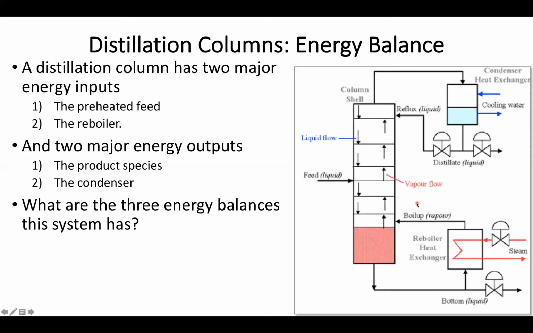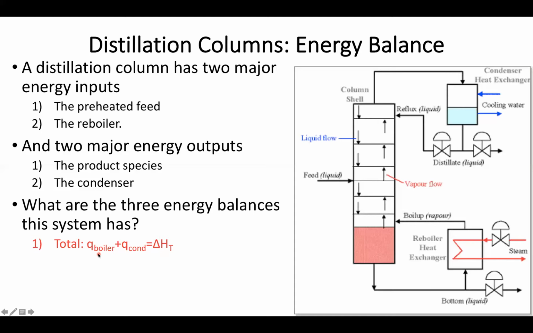So this brings us to the big question of what our three major energy balances are for this system. The first one is also probably the biggest one, which is the total energy balance, because there's going to be some difference in the enthalpy of my feed versus my distillate plus bottoms. And this is going to give me my overall change in enthalpy.